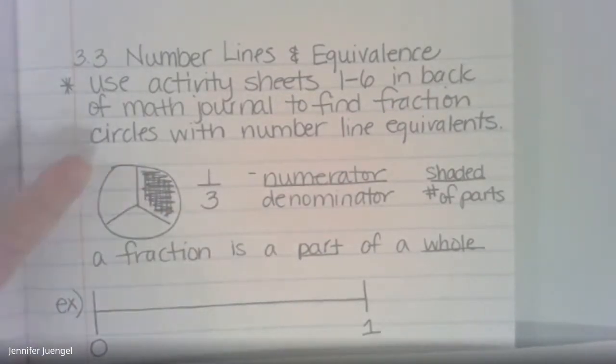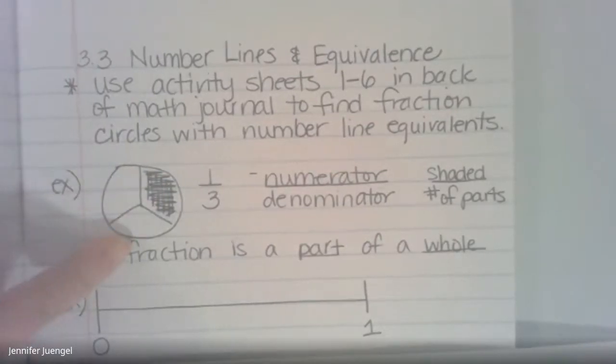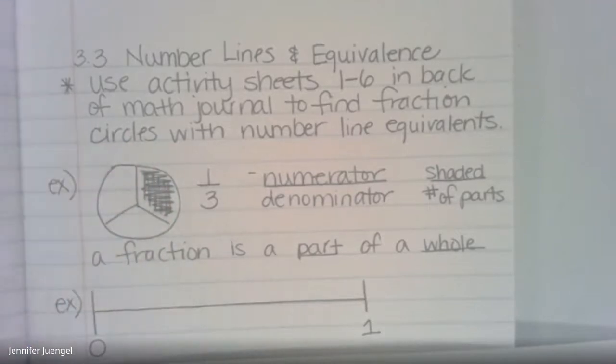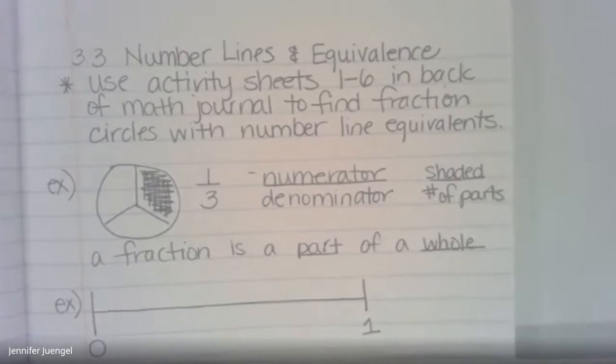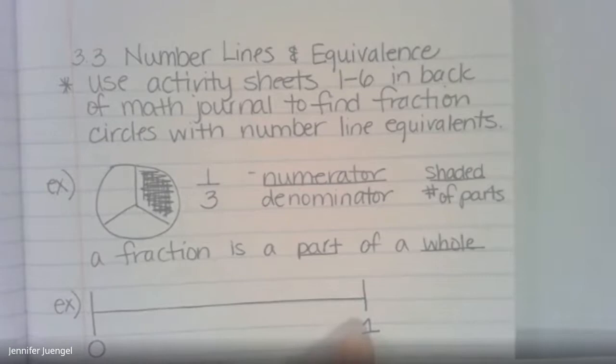And we know that the number of pieces that we have is the denominator possible. And if we were to shade all of them in, we would have shaded one whole. So if I were to represent that on a number line, you would see a tool like this with 0 at one end and one whole at the other end. And all this space in between represents however many pieces there are to make this whole.